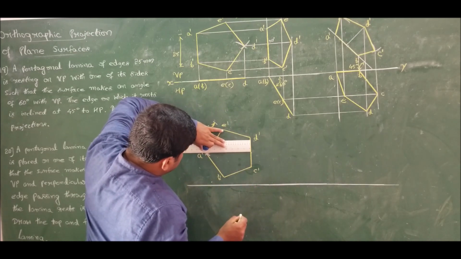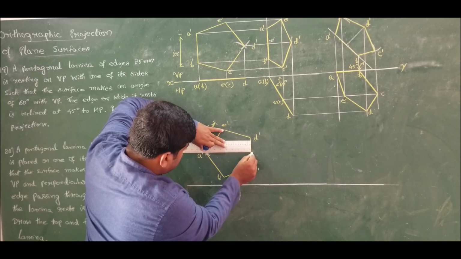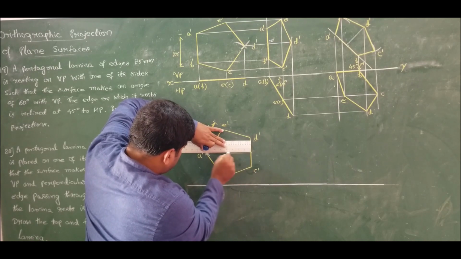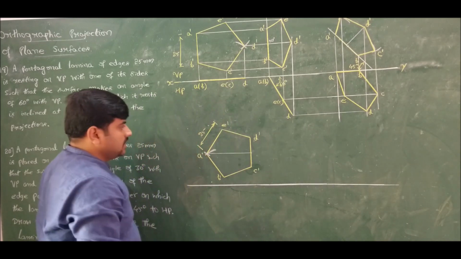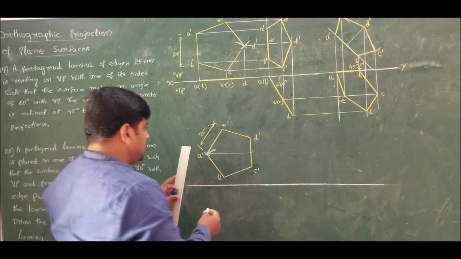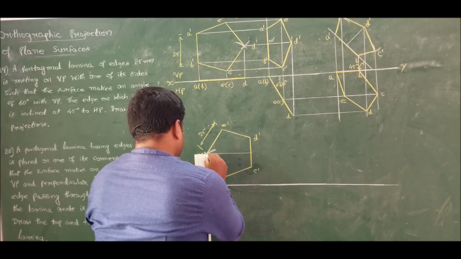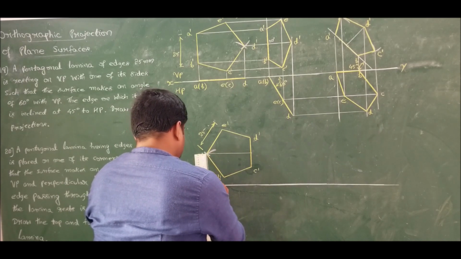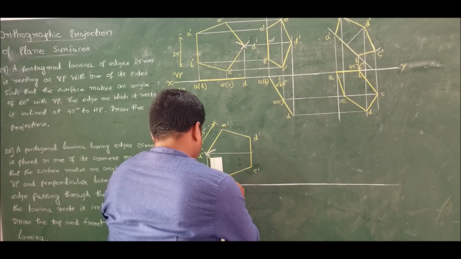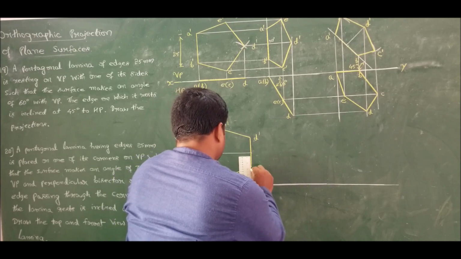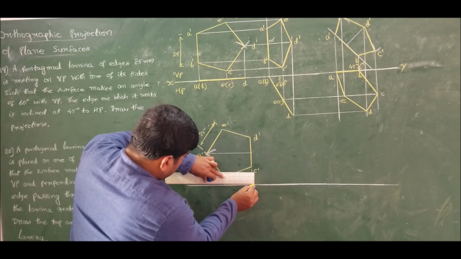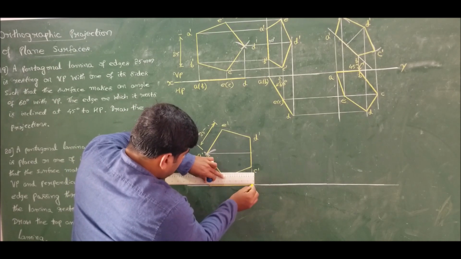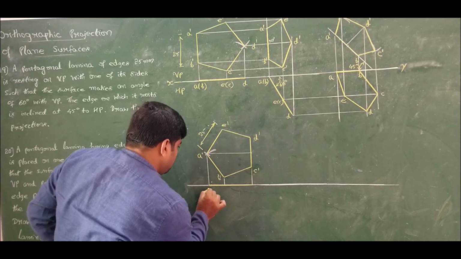Draw the perpendicular bisector from A. Done. Since the laminae is resting on vertical plane, the second position should show inclination with respect to VP itself, correct? So how much is the inclination of the laminae with vertical plane? Look at the problem.